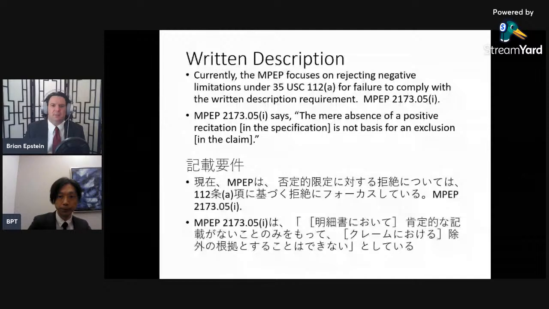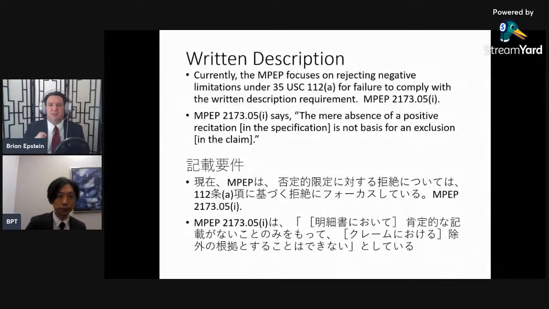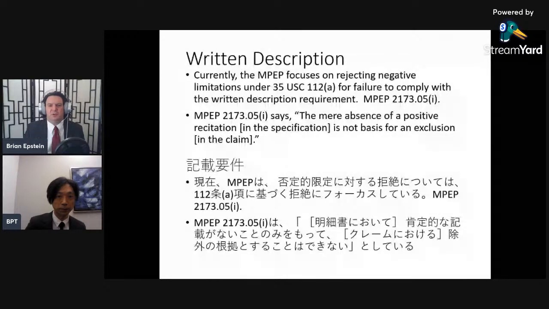We're not going to go too in detail with what the MPEP says about negative limitations, but the most important practice tip from that MPEP section is this idea that the mere absence of a positive recitation in the specification is not a basis for an exclusion in the claim. Okay.